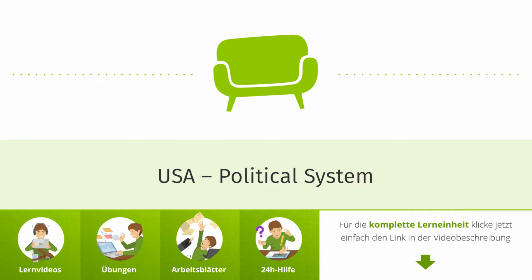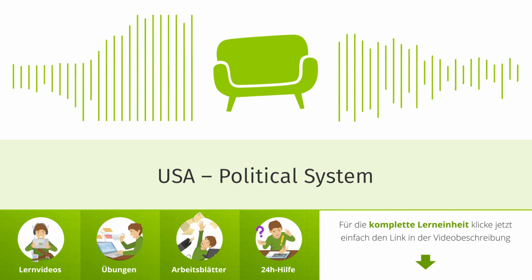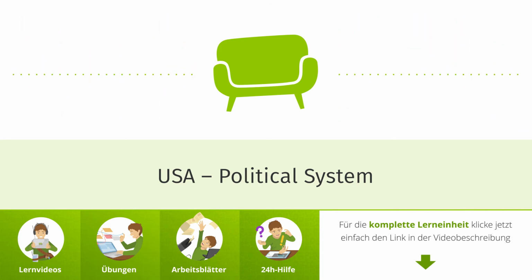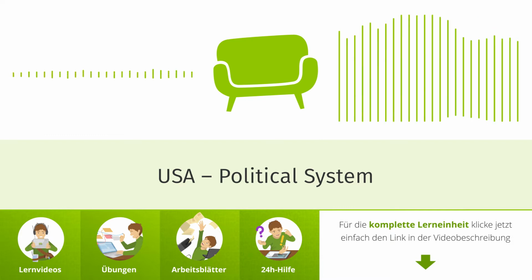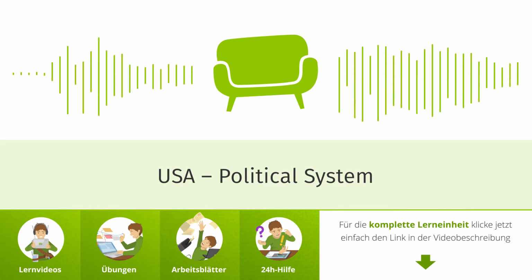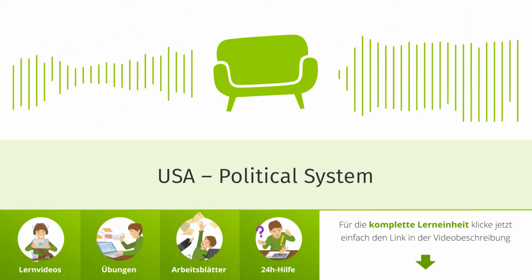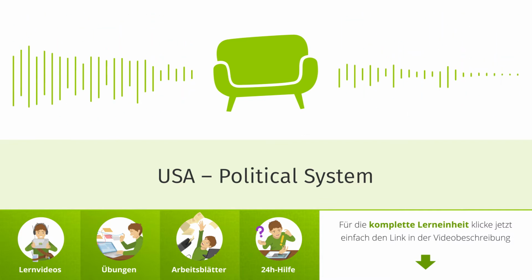The first 10 amendments are together known as the Bill of Rights. These define, for example, freedom of religion, freedom of the press, protection against cruel and unusual punishment, and others. In later years, more amendments were added.